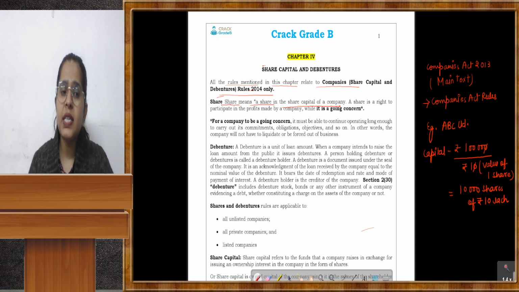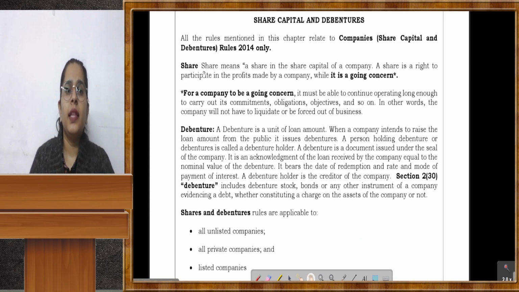So in the company's capital, what is the share? That is known as a share. A share is a right to participate in the profits made by the company. I have told you that share capital means the fund which is required to start a company.